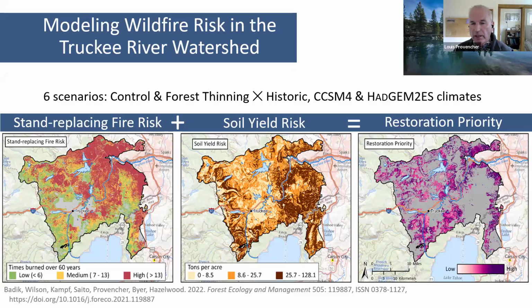In the second graph, we did a sedimentation model where we're able to show where was the greatest potential for soil loss to the riparian systems, to the creeks and all that. And if you combine the two, it gives you management priorities for where you should do the action based on the objective of sedimentation. If you have other objectives, you'll have slightly different shape files.